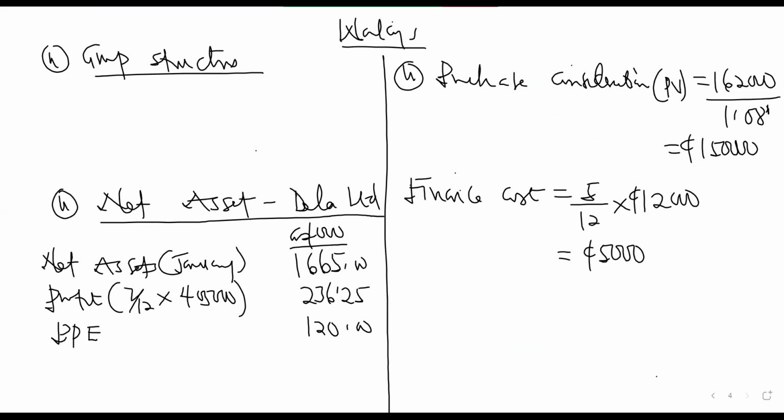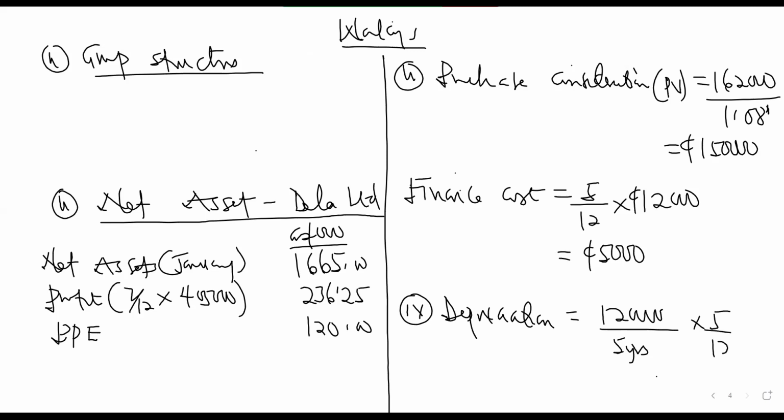So what will happen? We now calculate the depreciation on that. Okay. So the depreciation will be 120,000 divided by 5 years, multiplied by 5 divided by 12. The depreciation is for a full year, but the acquisition is not a full year. The additional PP&E will come into play from the date of acquisition.